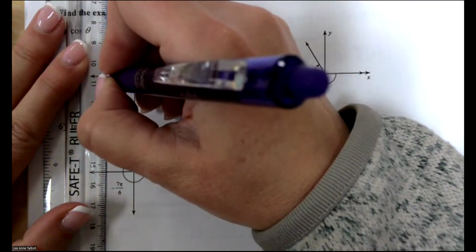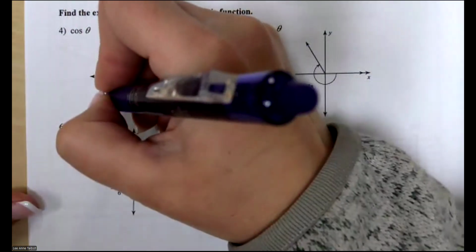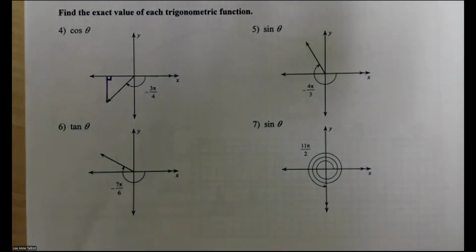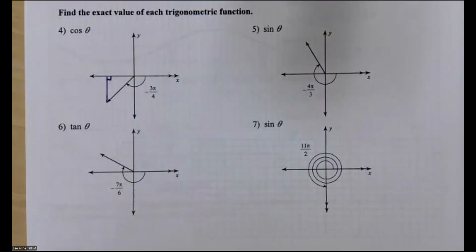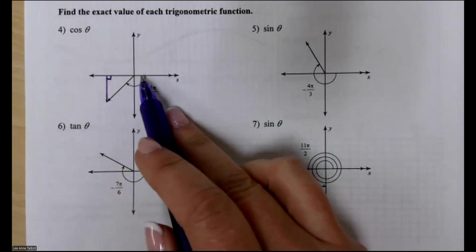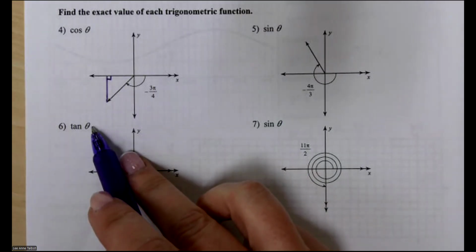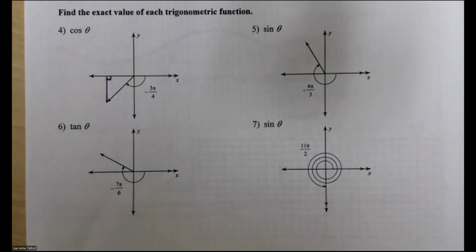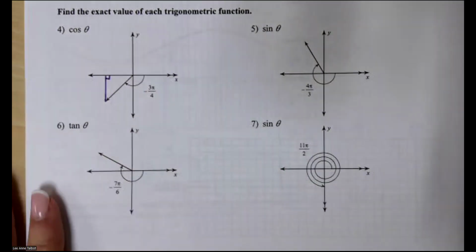What I care about is when I look at this, do I see a 45, 45, 90 or a 30, 60, 90? That's really the only question you need to ask yourself. This one has a denominator of 4. It's going straight through the quadrant middle, and the legs look equal. Which one is it? 45, 45, 90.